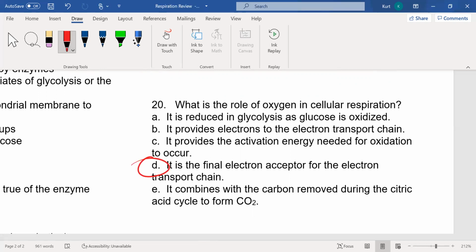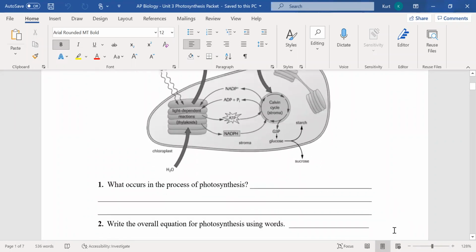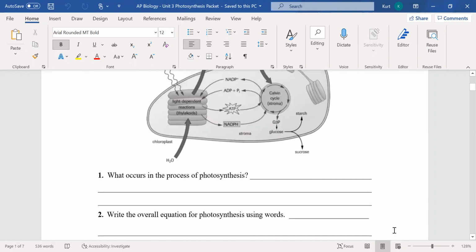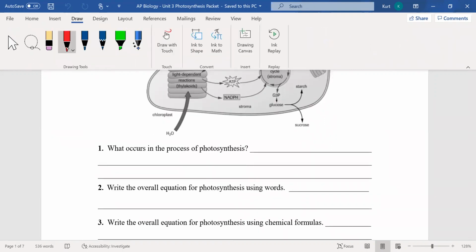Let's switch over to the photosynthesis one now, if you can pull that out. Here it is. We have about 17 minutes, so let's get to it. What occurs in the process of photosynthesis? Give me one moment to get my pen ready. All right, here we go.